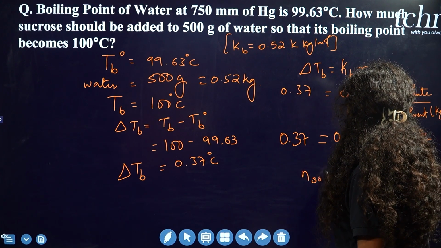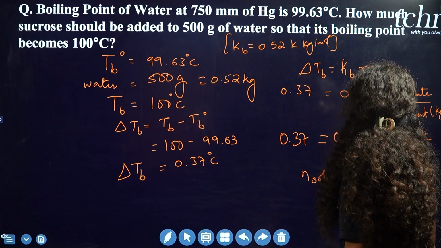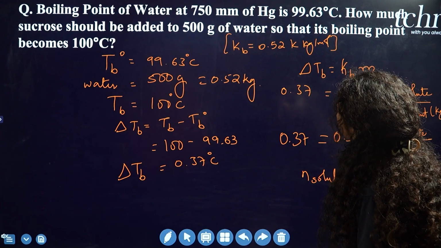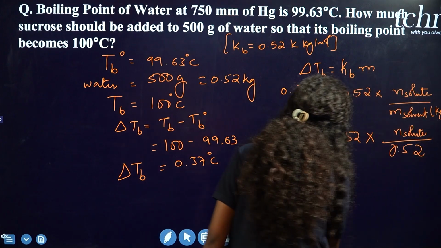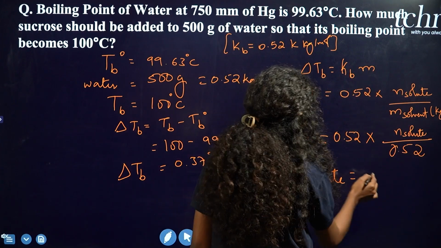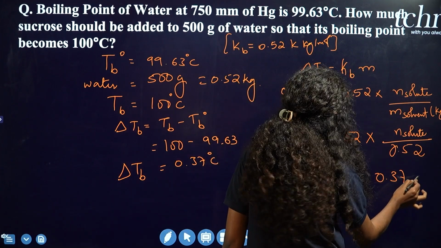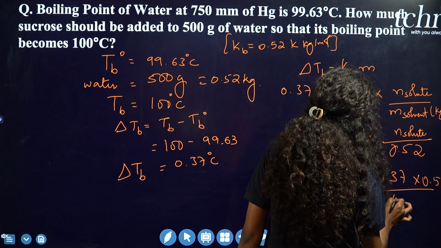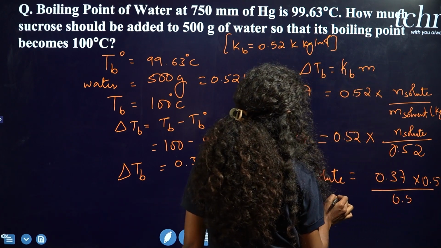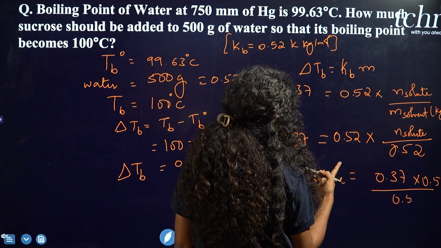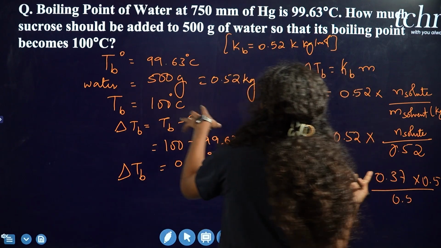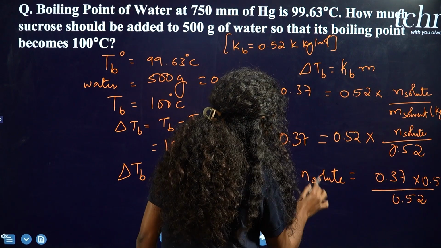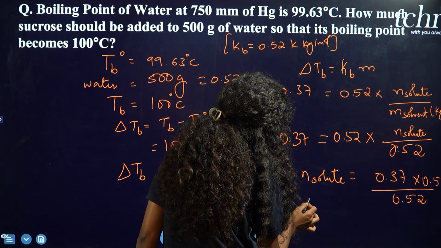Now what I have to do, if you calculate this you will get the answer. Sucrose, right? Yes. So number of moles of solute is equal to 0.37 into 0.52 divided by 0. Yeah, so number of moles of solute is given mass by molar mass.